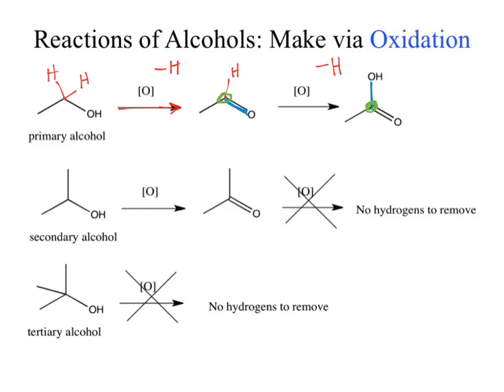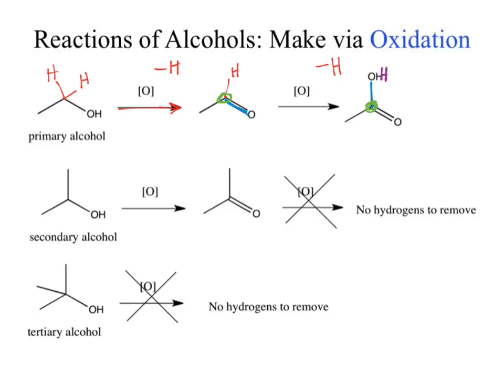Where did that come from? That's there only to stabilize the oxygen. By putting on that second oxygen, remember, oxygen needs two bonds. That hydrogen at the end is just there to stabilize that oxygen, and what we're left with is that carboxylic acid. So when we oxidize alcohols, we've got the potential to do two oxidative steps.